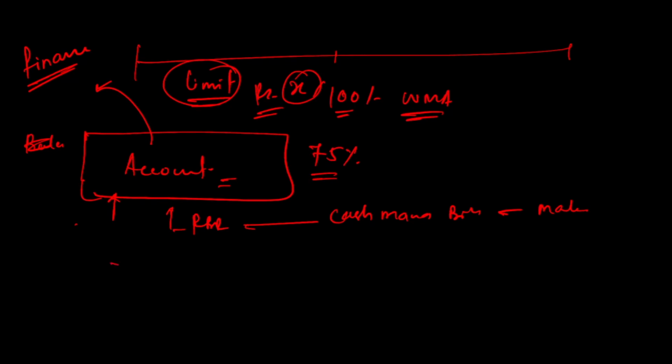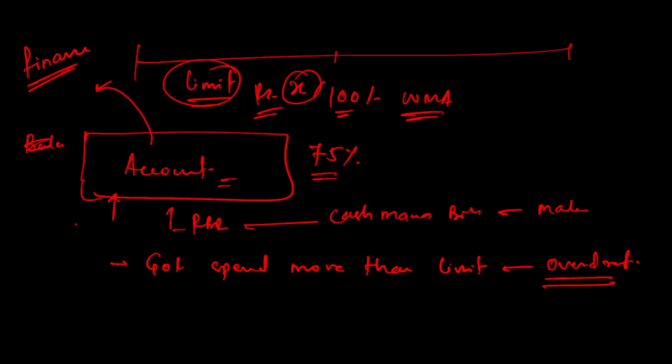Another part which is introduced is that if the government ends up spending more than the limit, then that would be considered an overdraft. Now whenever there is an overdraft, whatever amount is taken by Government of India beyond the limit would be charged, and this particular limit is charged at the repo rate.